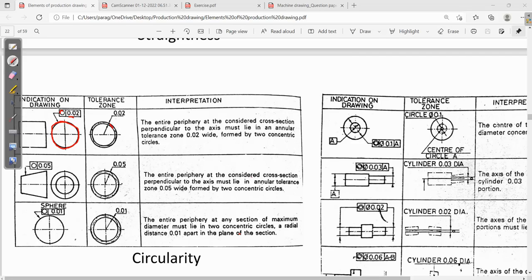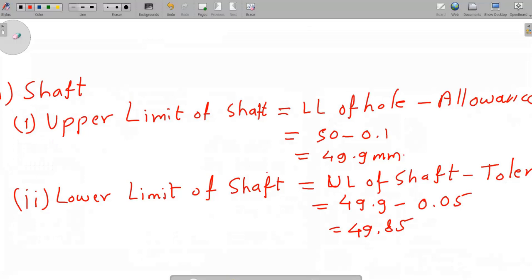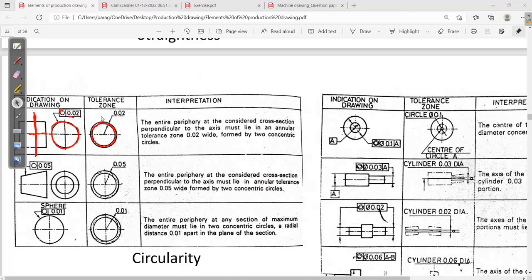Now how will you write this? The entire periphery of a cylindrical feature, at any cross section of this cylinder, or at any cross section of this shaft, perpendicular to the axis. The cross section is always perpendicular, right?